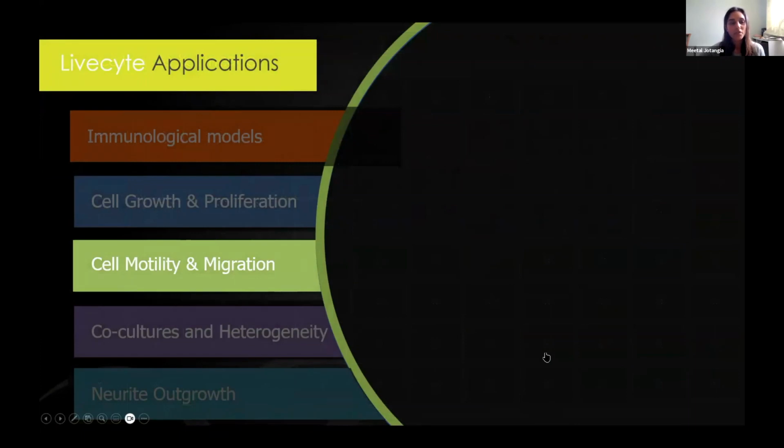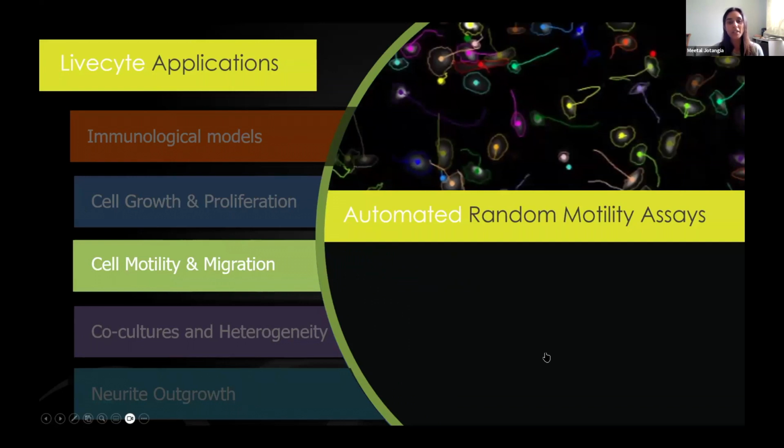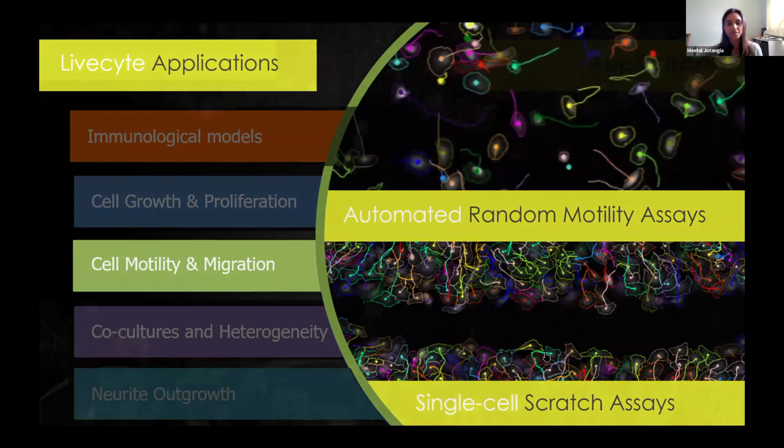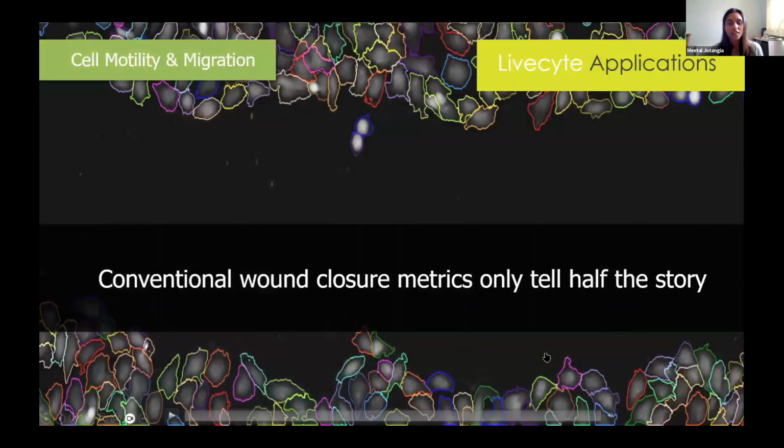So next I'm going to move on to cell motility and migration, and LiveCyte does this really well because we're able to segment and track every single cell. And principally, the kind of assays that people do on LiveCyte are random motility assays and single cell scratch assays. So firstly, talking about conventional wound closure metrics.